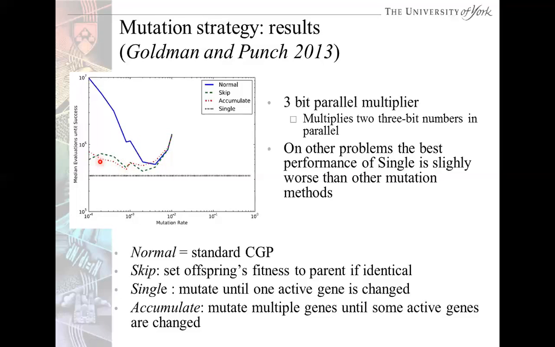So you can see that radically affects the graph of how the median evaluations for success varies with mutation rate. This line here is the single strategy we just discussed. You see, it doesn't have a mutation rate, so this is why it's just a line here, and you can see that it's considerably better than the other approaches. There is another mutation strategy that they discussed, called accumulate, where you mutate multiple genes until some active genes are changed.